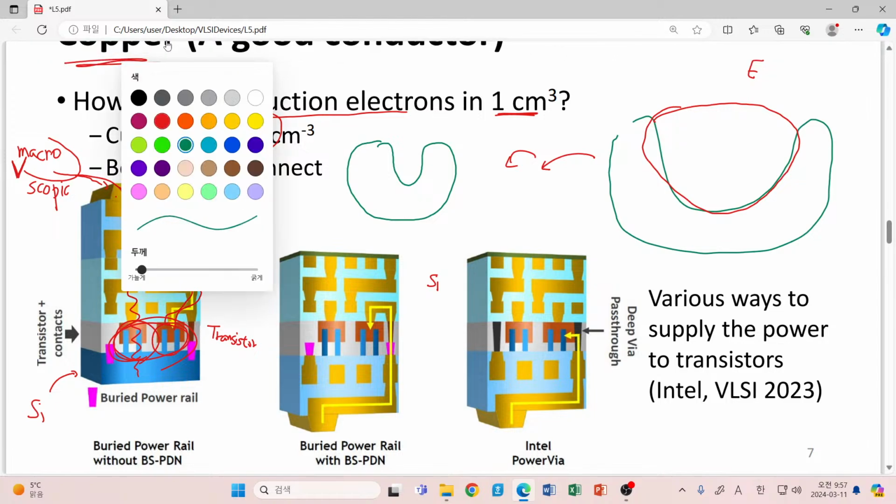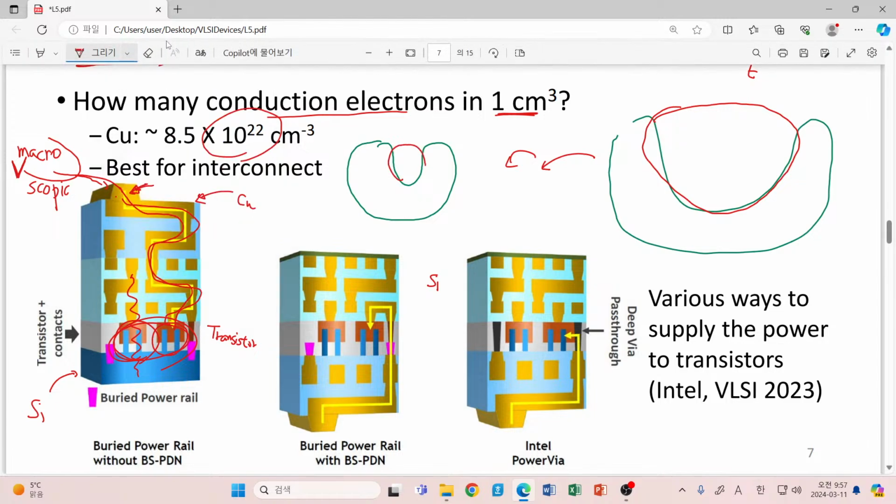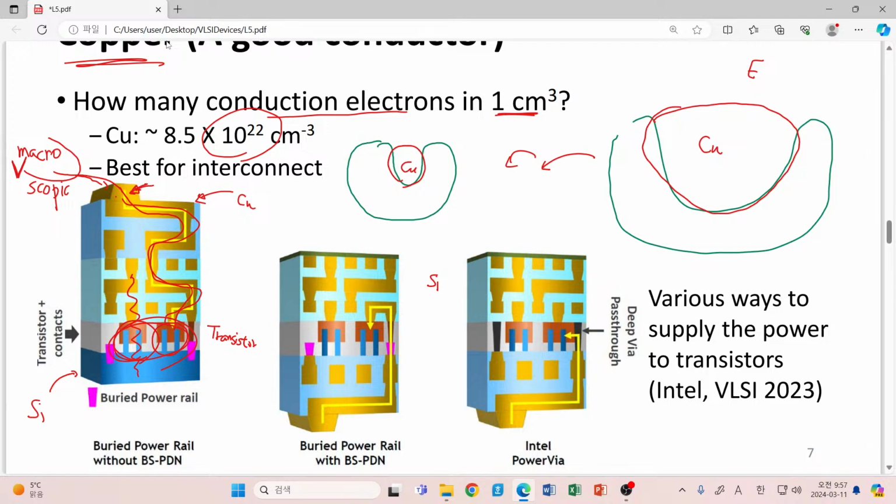Now this is copper and this is copper, and we have a barrier material. The role of barrier material is just to prevent the movement of our copper, and it does not contribute good conductivity to our interconnect.